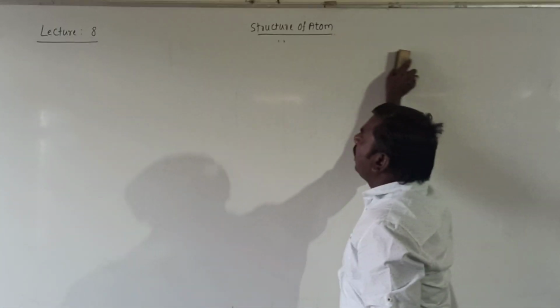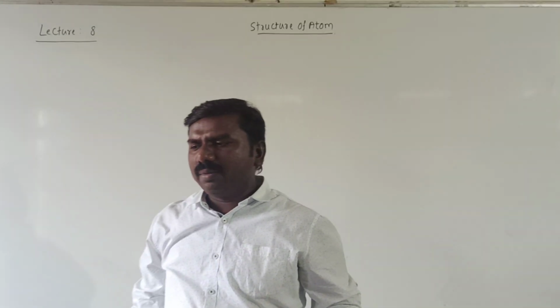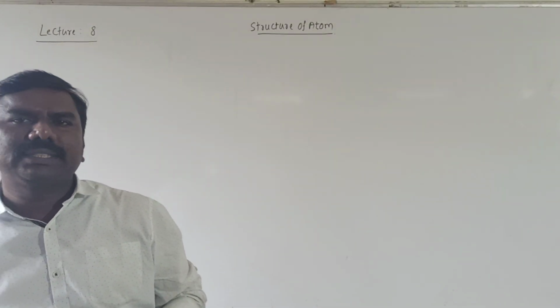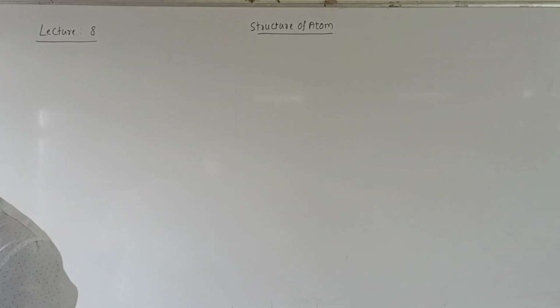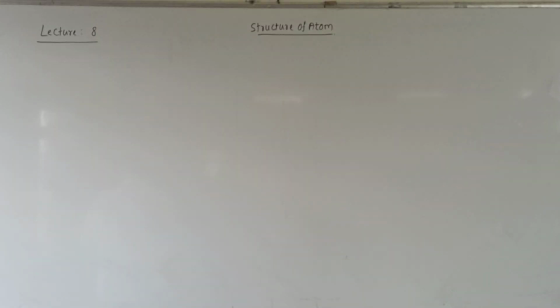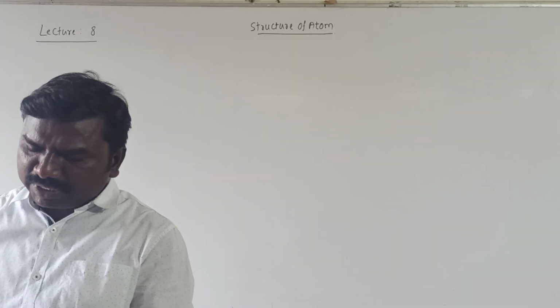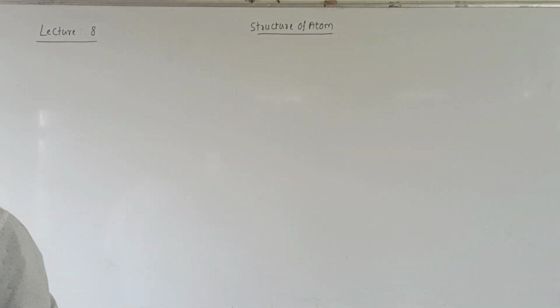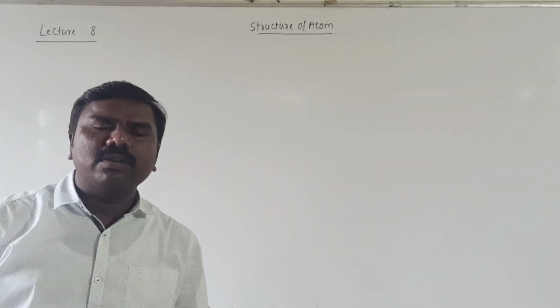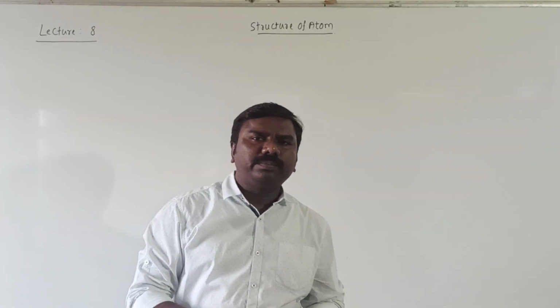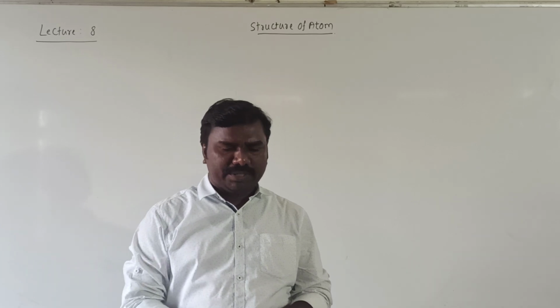So I discussed the radius of nth orbit, where n may be 1, 2, 3, 4, 5, 6, etc. By that formula, we can easily find the radius of the first, second, third, fourth, fifth orbit, whatever that may be, even an infinite orbit.